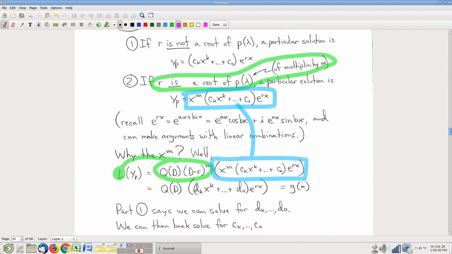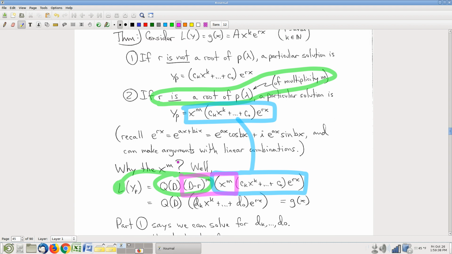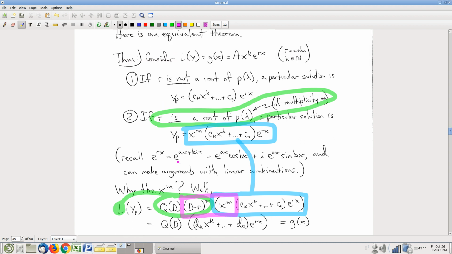So now looking at our setup again, let's focus our attention on this right here. Keep in mind, each D minus r is going to get rid of a factor of x. Well, I've got m of these D minus r's. So if I put m x's right next to them, what are these D minus r's going to do?